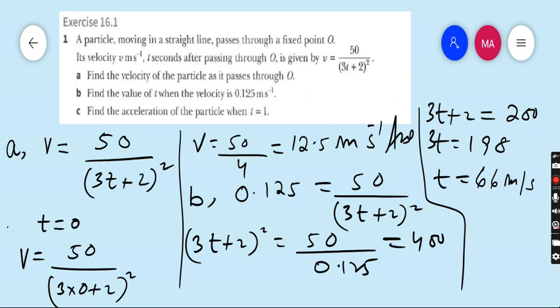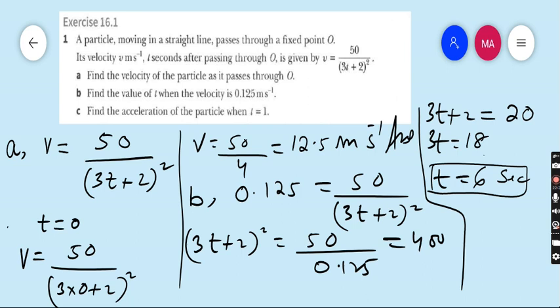Sorry, one mistake. Square root of 400 is not 200, it is 20. And 20 minus 2 is 18. 18 upon 3 is 6. So 6 seconds is the answer of part B. So you can see how easy these questions are.